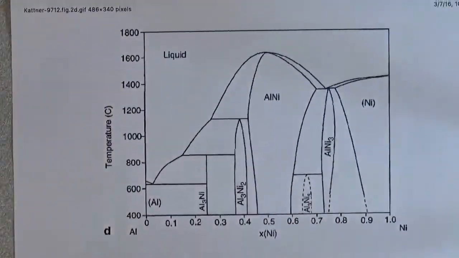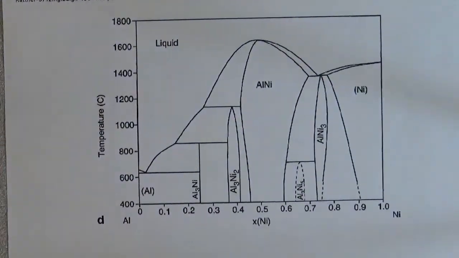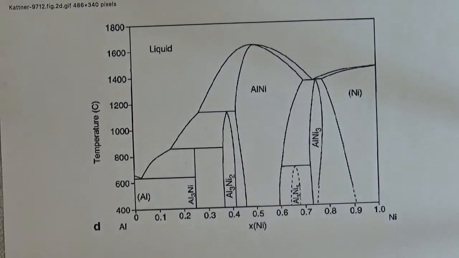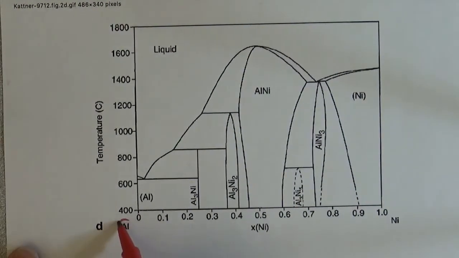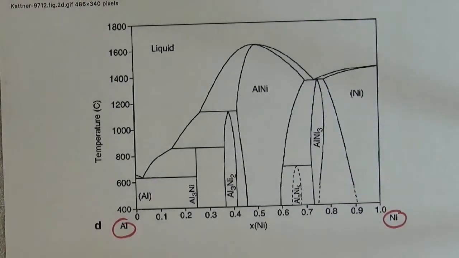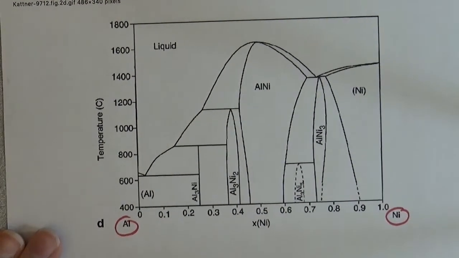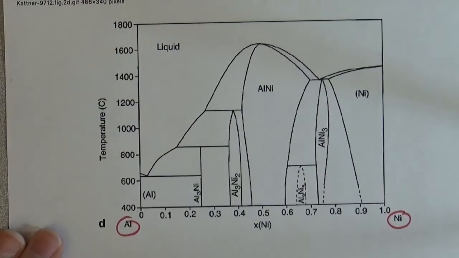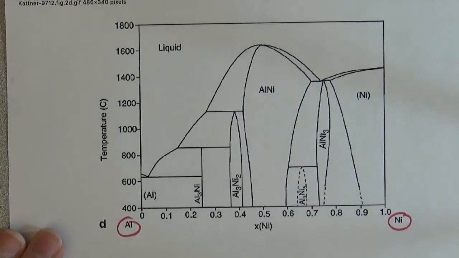So here is an example of a phase diagram with peritectics. This is aluminum nickel. Let's look at the regions and identify single phases and two-phase regions.